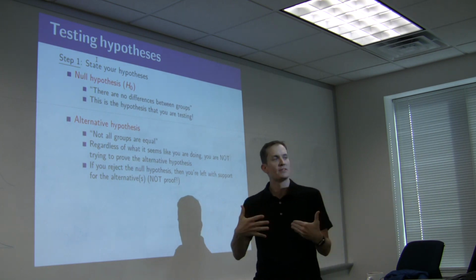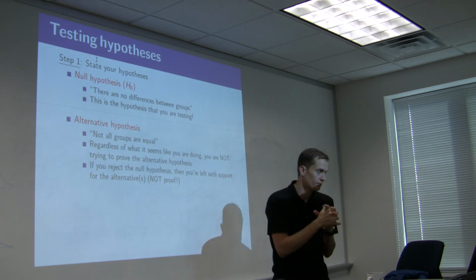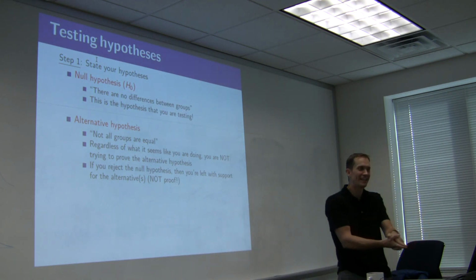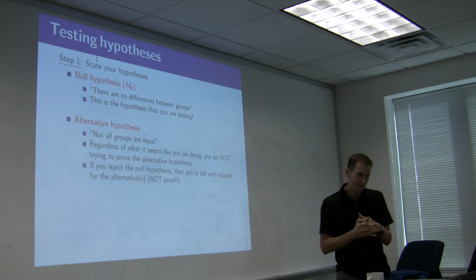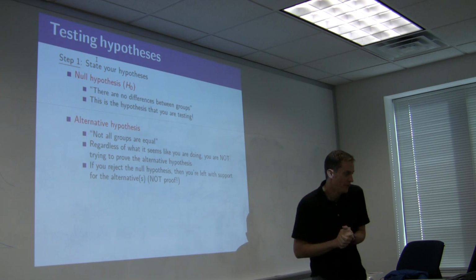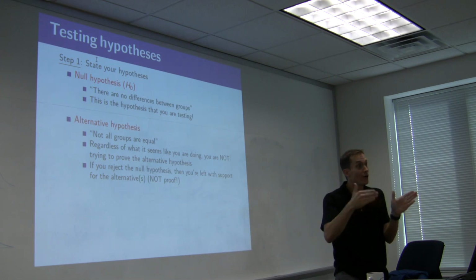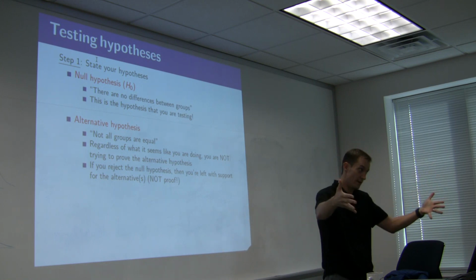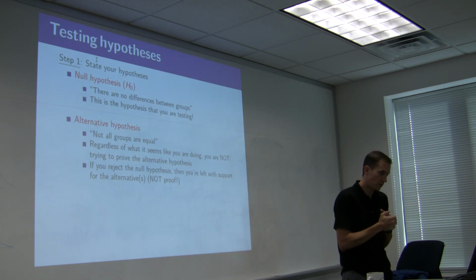So the null hypothesis would be there's no difference. This is the one that you're testing. It's not what you're interested in getting support for, but it's the one you test. The alternative hypothesis is the opposite of the null. So if the null is there are no differences between groups, the alternative hypothesis is there are differences between groups. Okay?